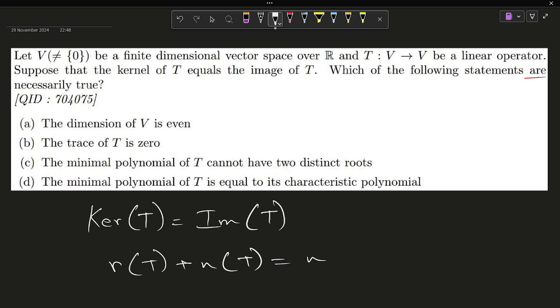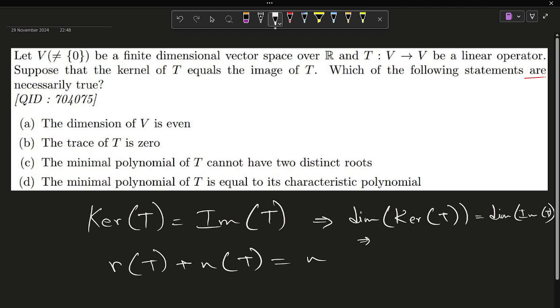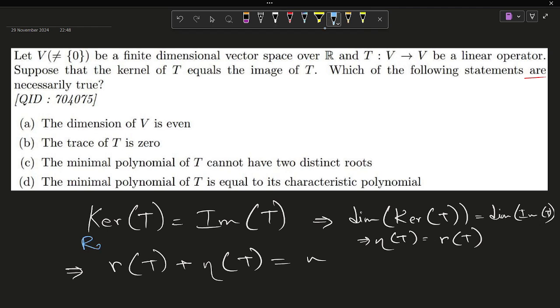As the kernel is equal to the image of T, the dimension of the kernel of T will be equal to the dimension of the image of T. That means the nullity of T is equal to the rank of T. We got this from the rank nullity theorem.